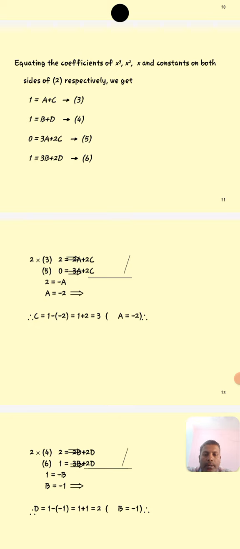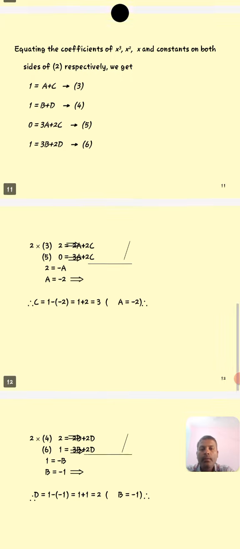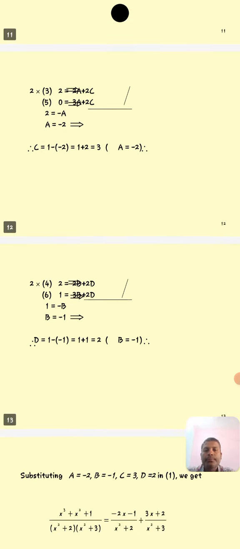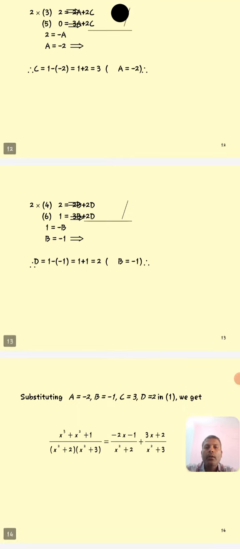Then we subtract them, we get 1 is equal to minus b, that is b is equal to minus 1. Therefore d is equal to 1 minus of minus 1, that is 1 plus 1 is equal to 2.